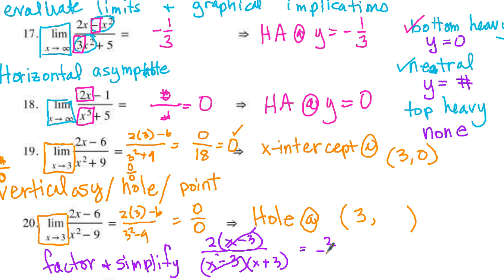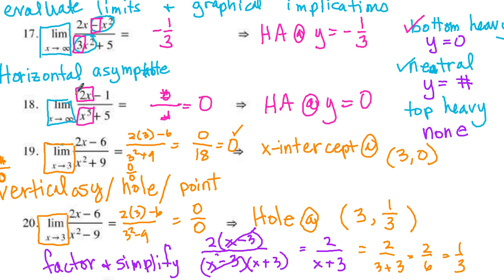And we have a simplified rational function of 2 over x plus 3. So now when you plug 3 in, we have 2 over 3 plus 3, which is 2 over 6, which reduces to just 1/3. So this is the y value of the hole in our rational function there.